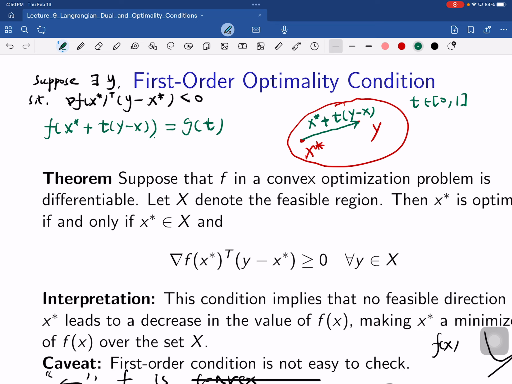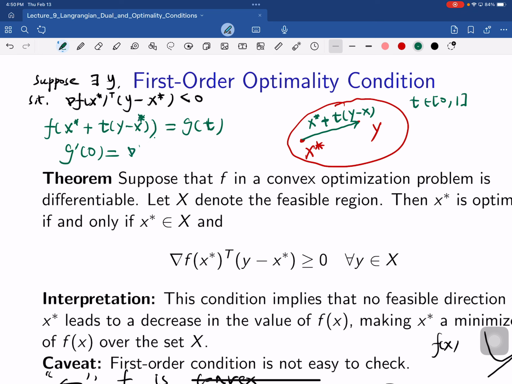What's the derivative of g with respect to t at 0? It is nothing but, oh sorry, this should be x star.